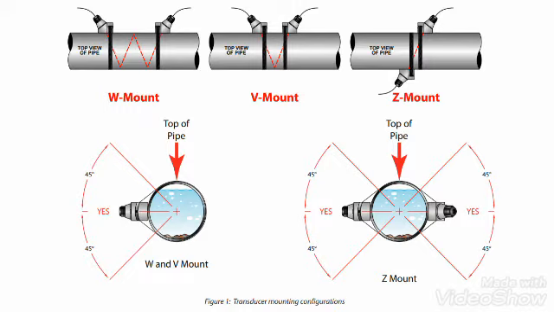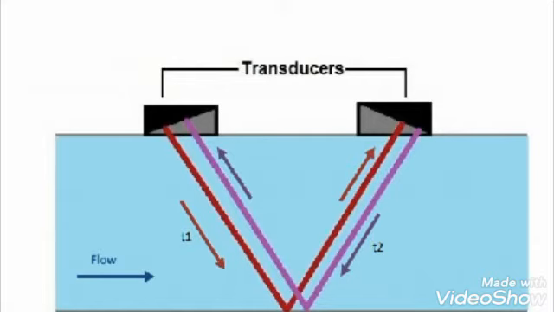As you can see, W mount, V mount and Z mount ultrasonic meters both have a transmitter and receiver, and one transmitter will send the ultrasonic signal and the other receiver will receive it.